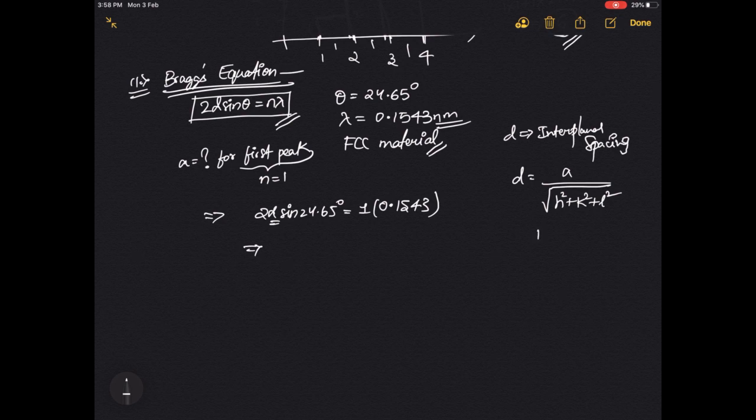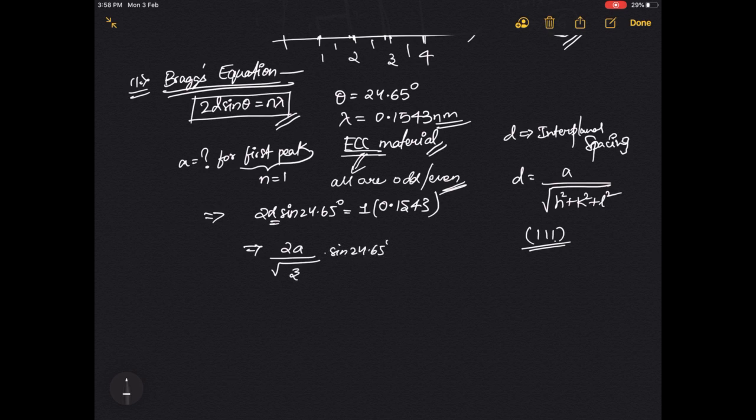It is nothing but the closest packing plane, that is 111, or you can also verify using the conditions for FCC, where h, k, l should be either all odd or all even. So it must satisfy the conditions. By replacing that, we get 2a divided by root of 1 square plus 1 square plus 1 square, which is 3, into sine 24.65 degrees equal to 0.1543.